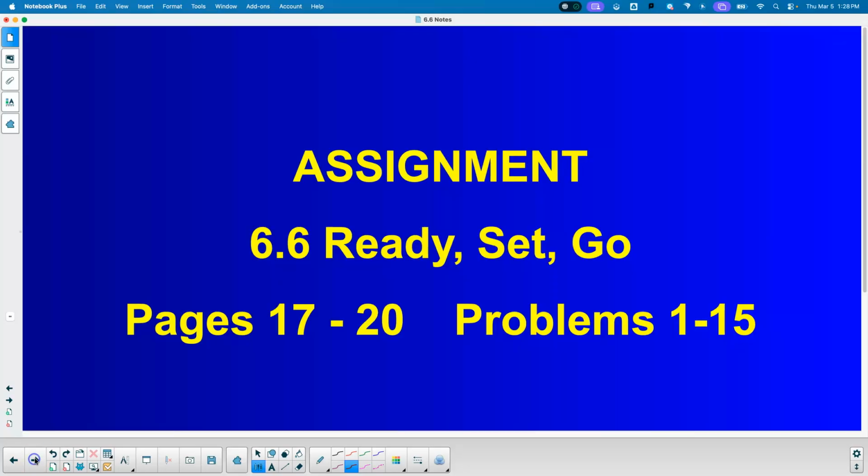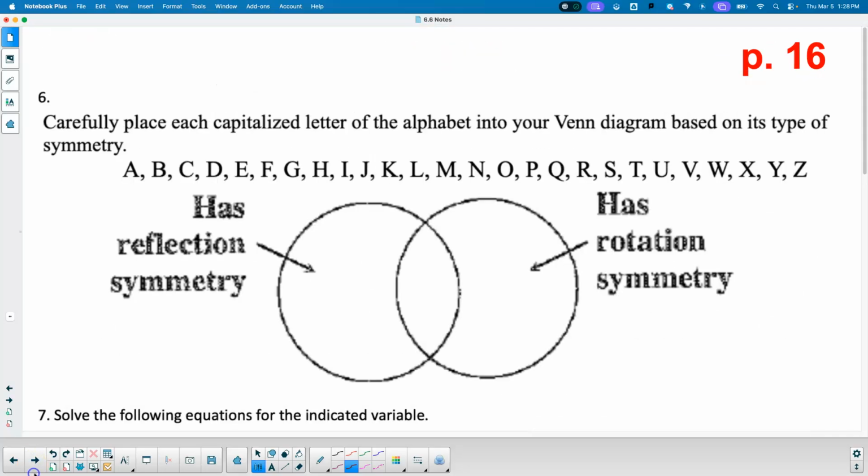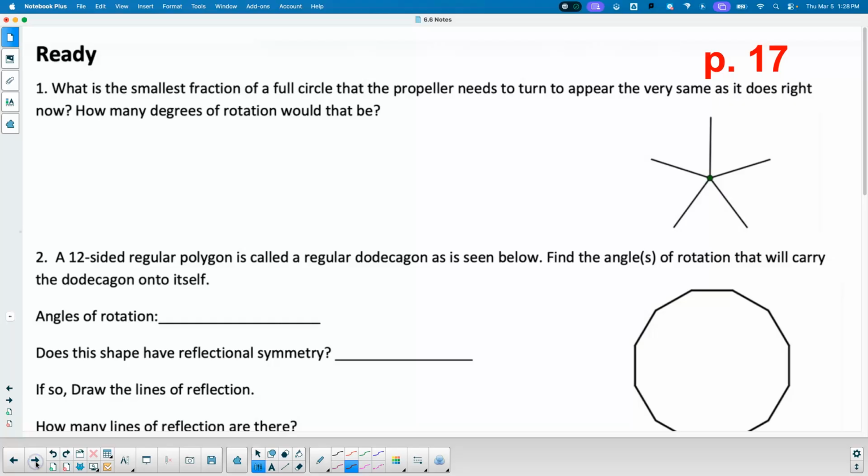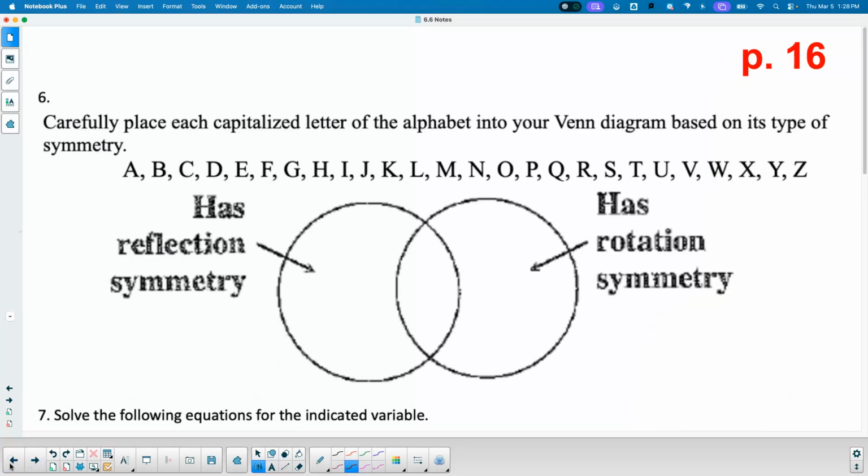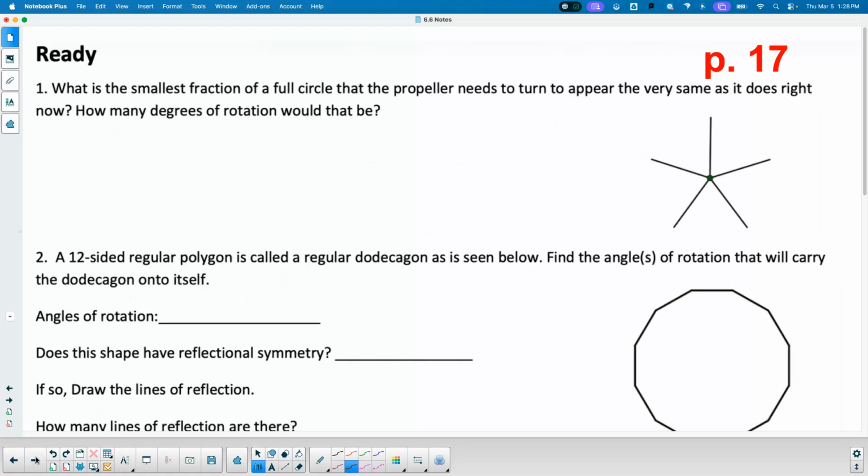Let's take a quick peek at your homework. Okay. Smallest fraction of a full circle that the propeller needs to turn in order to appear the very same. Okay, so that's looking for that gap. 12-sided figure. Here's your dodecagon.